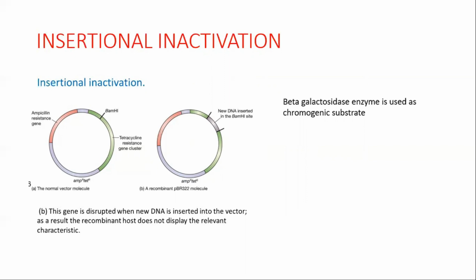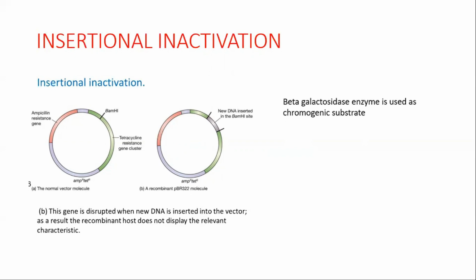The beta galactosidase enzyme is commonly used with a chromogenic substrate. How is this going to help? Understand, if you have a normal vector molecule, it is a non-recombinant. This non-recombinant is not going to have any insert, meaning there is no foreign DNA that has been inserted into the vector.